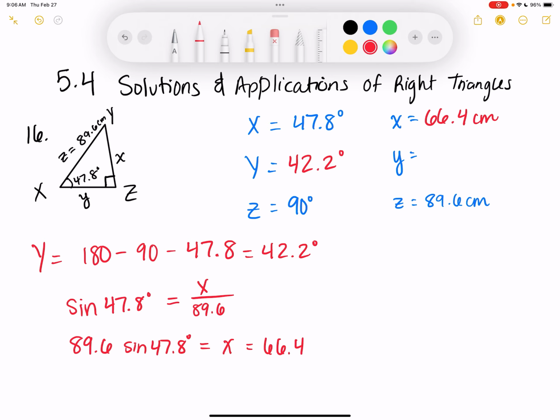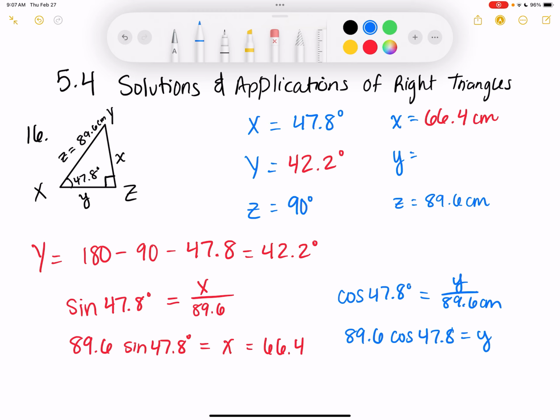So we'll set it up basically the exact same way. We'll have the cosine of 47.8 degrees is equal to this adjacent y over hypotenuse 89.6 centimeters. And then we'll multiply there. So I'll have 89.6 times the cosine of 47.8.